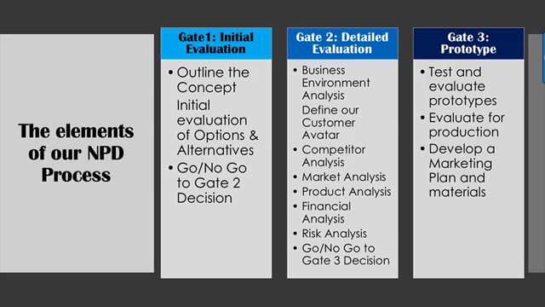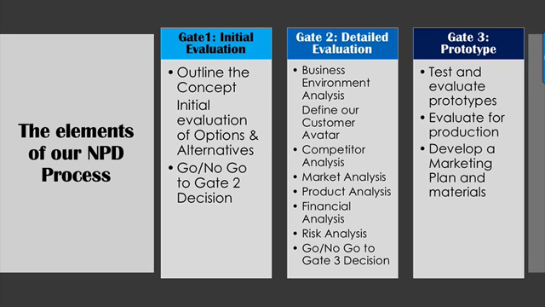We need to evaluate whether we can actually take it into production, and then develop a marketing plan and materials and be ready to go. If all that's fine, then we'll move into some sort of production phase, or we'll shelve it for a later date, or we'll rework it and come back through the prototype phase again, or we take it to market.